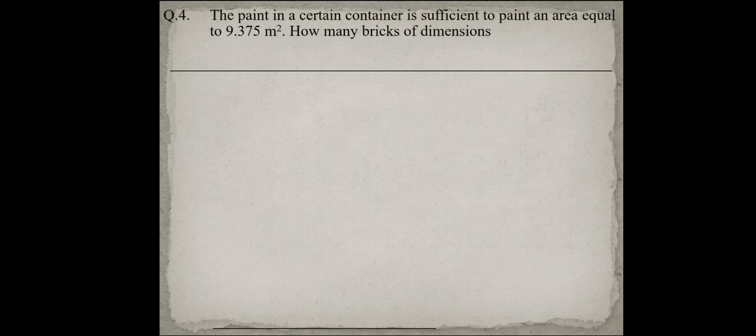Now in question number 4, the paint in a certain container is sufficient to paint an area equal to 9.375 meter square. How many bricks of dimensions 22.5 centimeter into 10 centimeter into 7.5 centimeter can be painted out of this container?